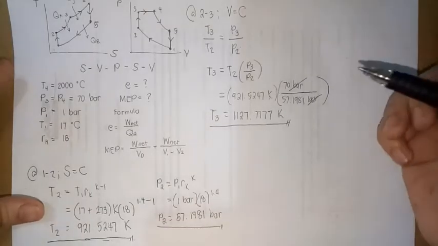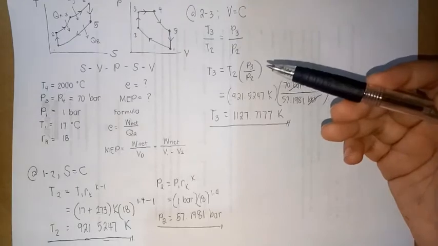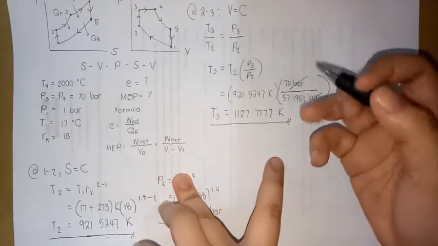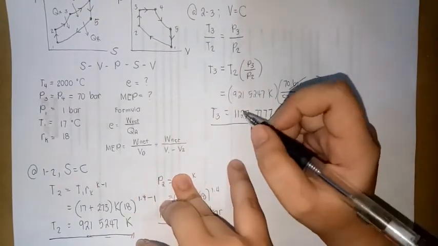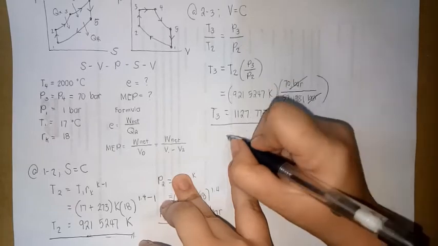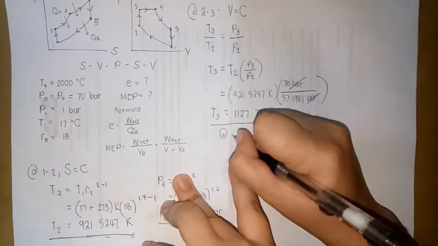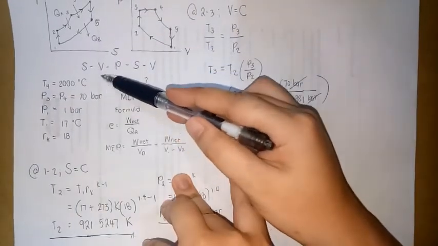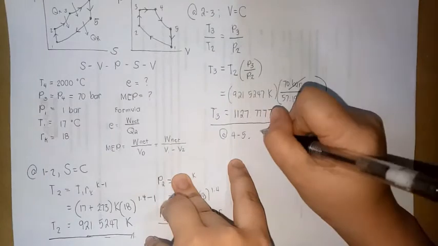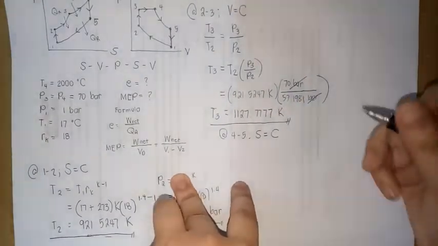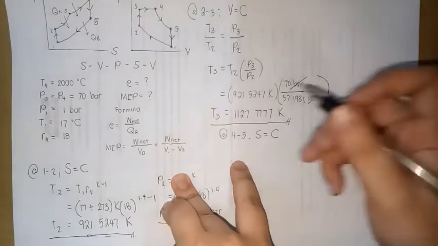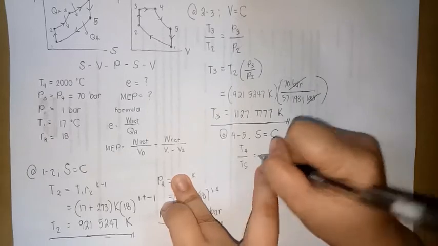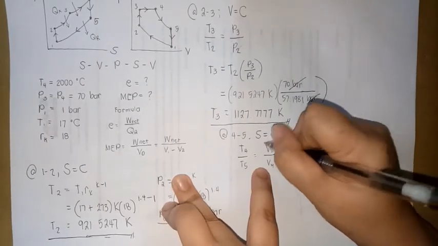Now, next we will solve for T5, because we already have T4 here. So, let's go to process 4 to 5. What is process 4 to 5? At process 4 to 5, the process is isentropic expansion. And the relation of temperature to volume is T4 over T5 is equal to V5 over V4 raised to k minus 1.